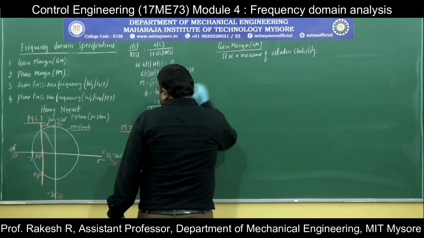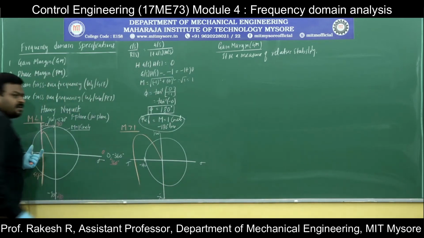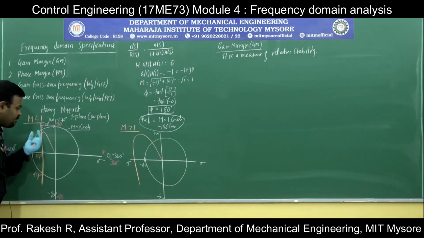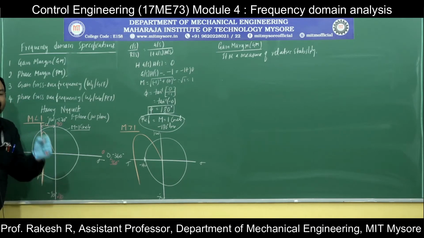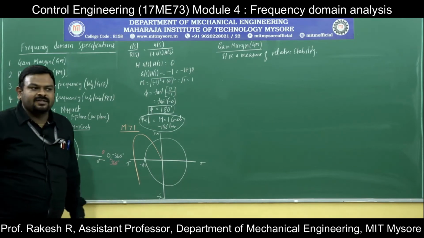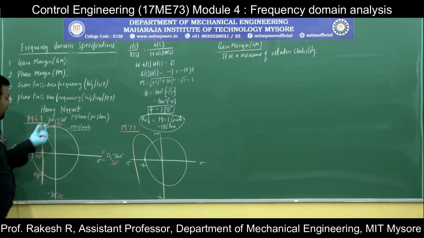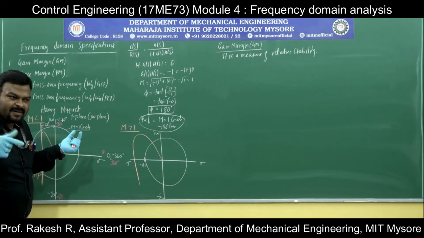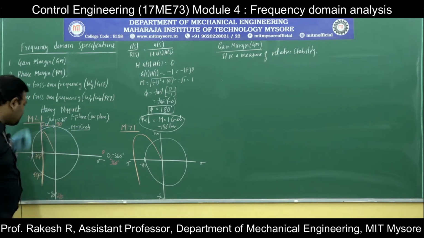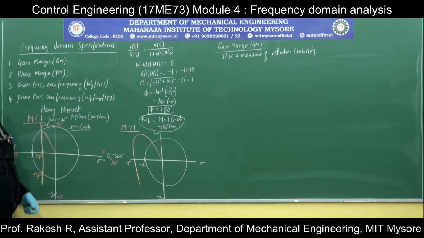Gain margin is a margin. What I will do is, for this plot, I will add some amount of gain. For the A, I will add some amount of gain so that the magnitude should be equal to 1. In other words, I will be making A as 1. How to make A as 1? Multiply by 1 by A. That itself is the gain margin.